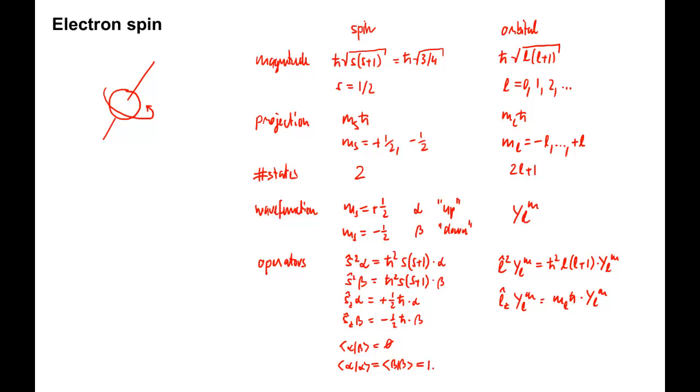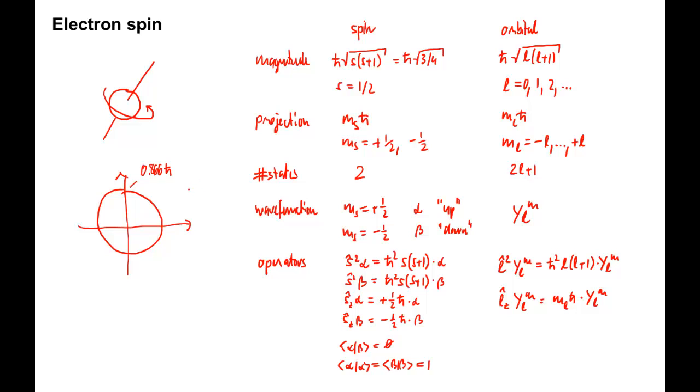How can we picture these two spin states, alpha and beta? Well, let's draw the spin angular momentum vector. We know its length. It's h bar times the square root of 3/4. So if we start at the origin, we can draw a sphere of that particular radius, which is about 0.866 h bar.